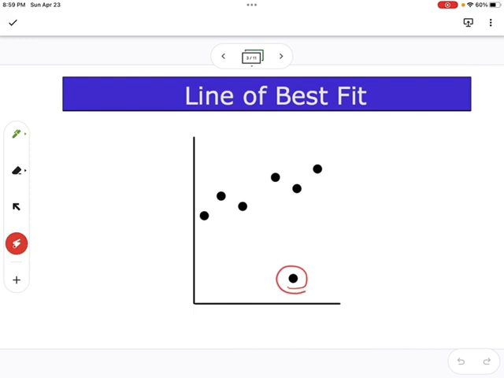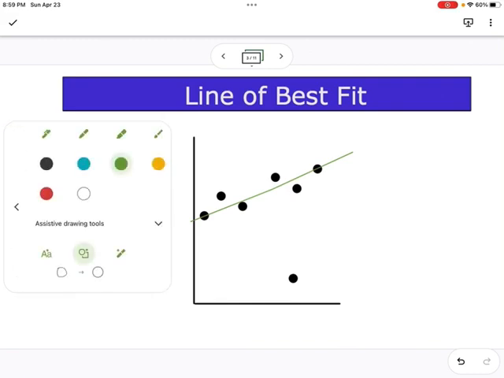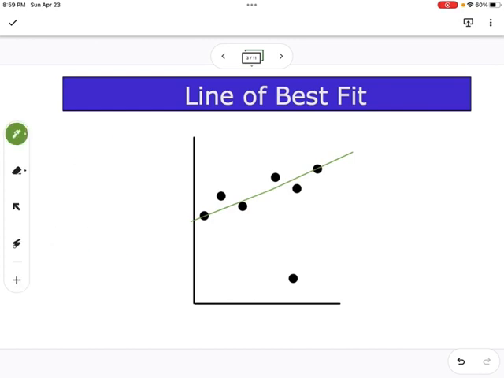So I'm going to ignore that point when I create my line of best fit. Okay, so most of the data is up here. It's just that one point at the bottom here that doesn't go with most of the data.